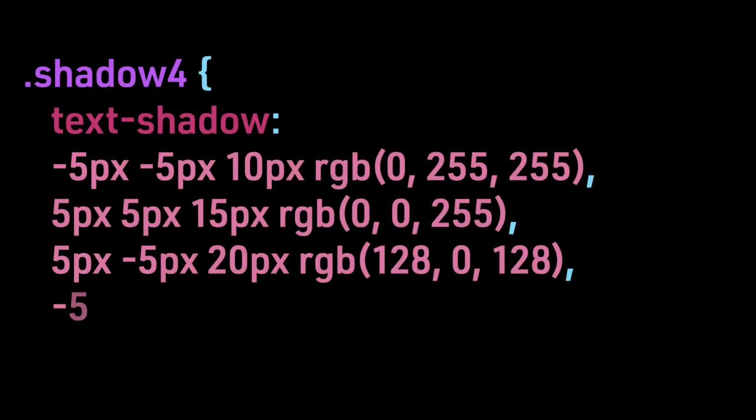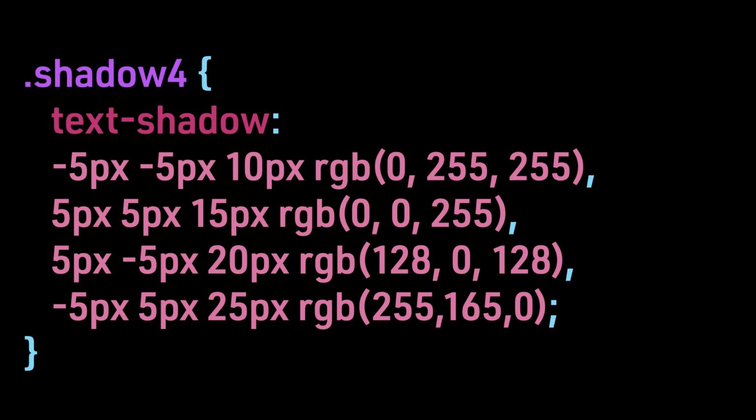.shadow4 { text-shadow: -5px -5px 10px rgb(0, 255, 0), 5px 5px 15px rgb(0, 0, 255), 5px -5px 20px rgb(128, 0, 128), -5px 5px 25px rgb(255, 165, 0); } In the fourth example, we show how to add multiple shadows using commas to separate them.